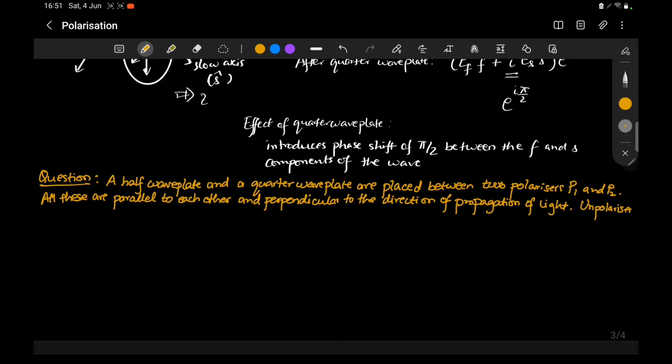Unpolarized light is incident on the polarizer P1.